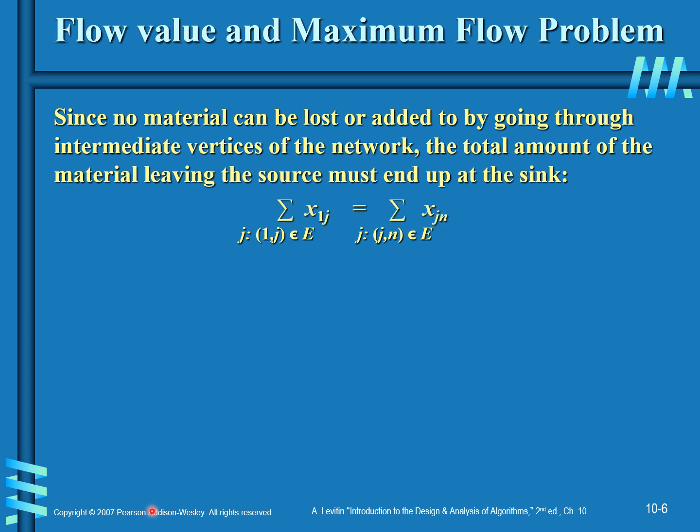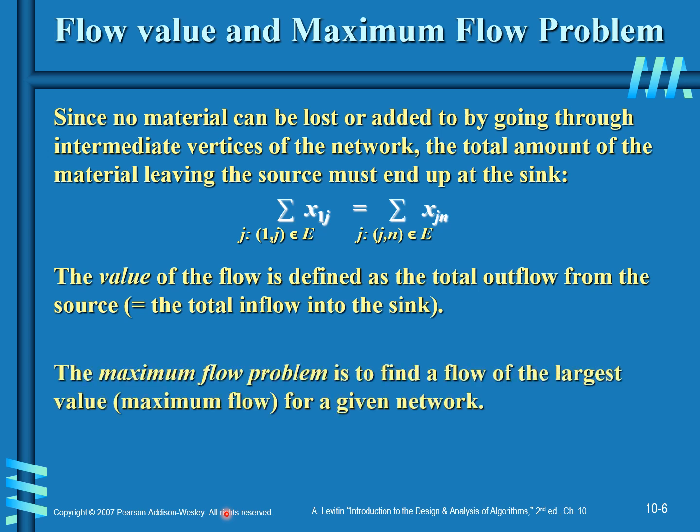That is, the summation of x1j, where 1 is the source, equals the summation of xjn, where n is the sink. It may pass through the intermediate vertices also. So the value of the flow is defined as the total outflow from the source, which is the total inflow to the sink. The maximum flow problem is to find a flow of the largest value for a given network.